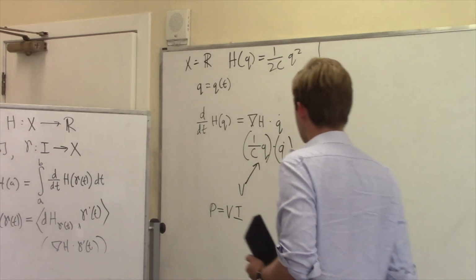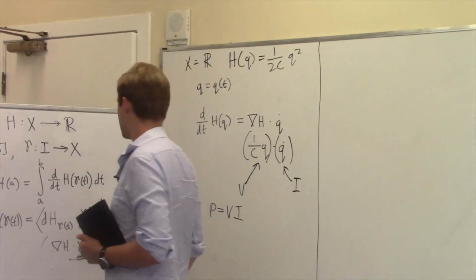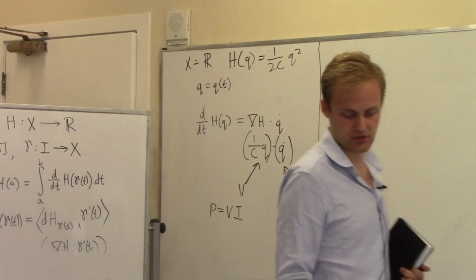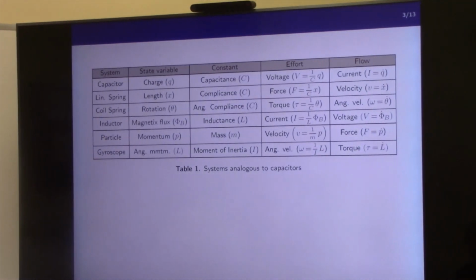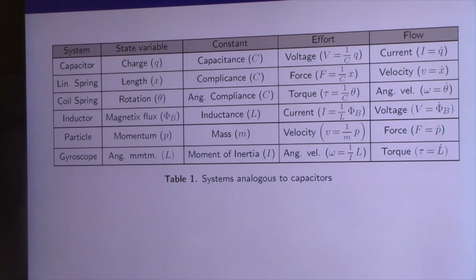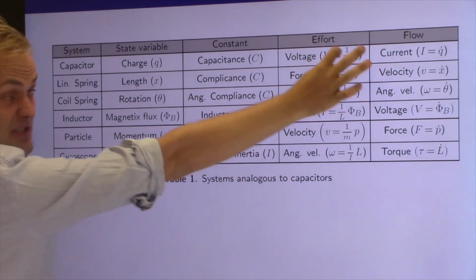Okay. So the idea behind Port-Hamiltonian systems is that we always have two quantities. There are lots of different domains in which there are two quantities. In the electrical domain, we have voltage and current. Their product is power.